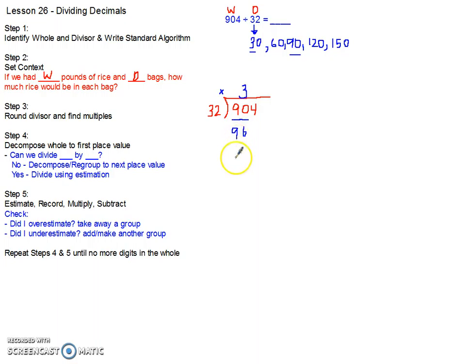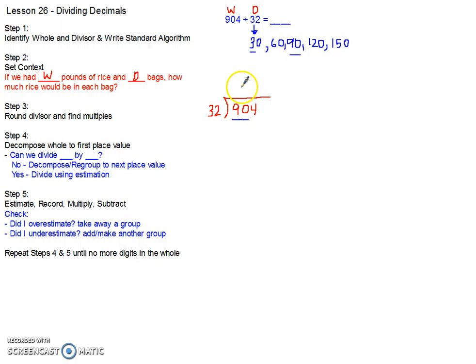Now I have to check, can I do this multiplication sentence without getting a negative number? Can I have 90 gummy bears and give away 96? The answer is no, which means that I overestimated and I need to take away a group. So I'm going to go back and I'm going to change my estimation.